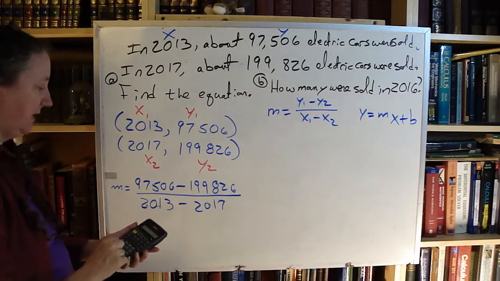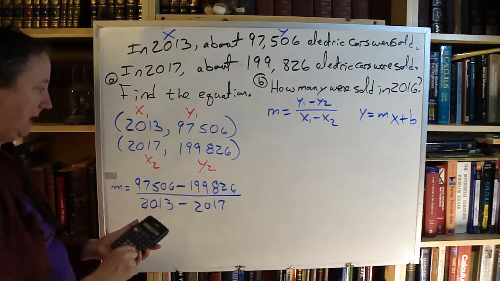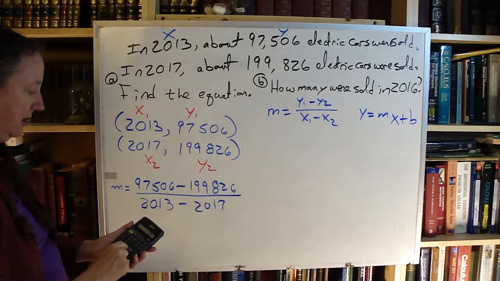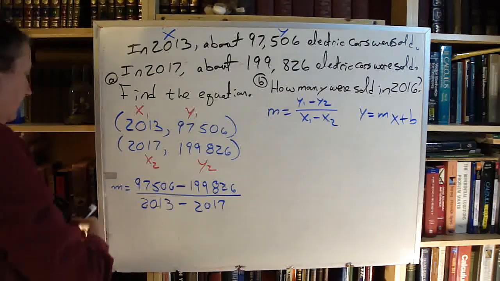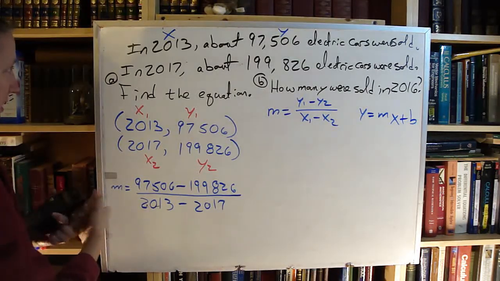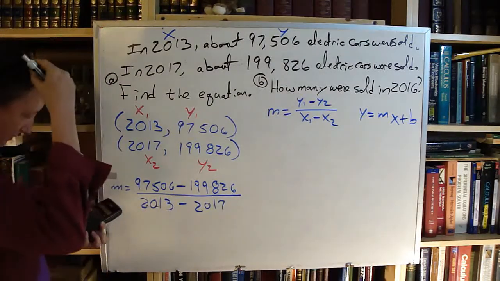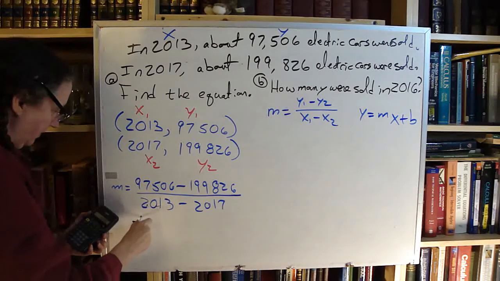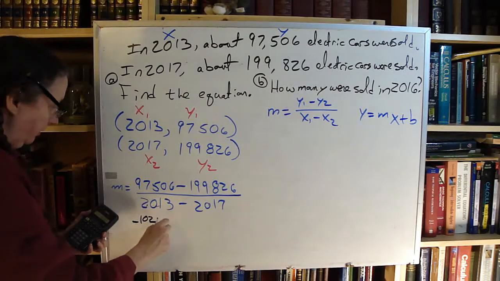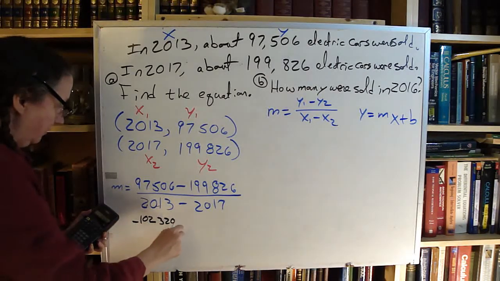So 97,506 minus 199,826 equals. And I have the number negative 102,320.